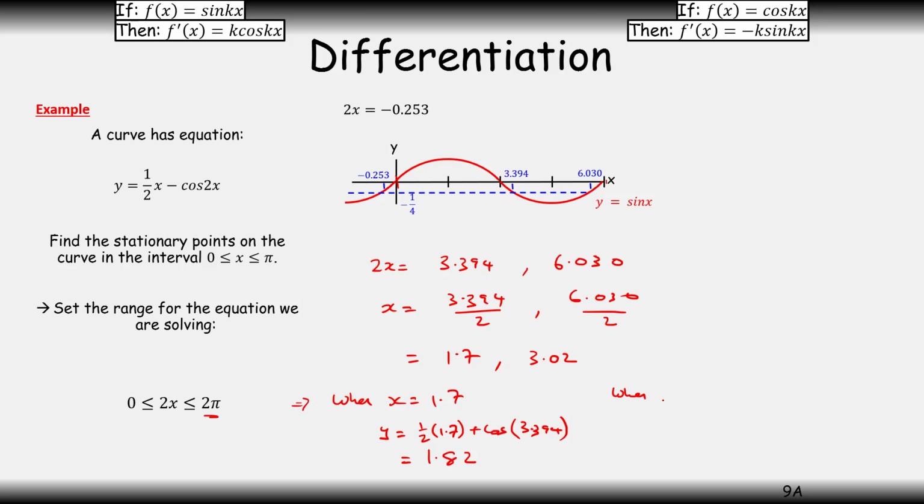And when x is equal to 3.02, y is going to be equal to a half of 3.02 cos of 3.02 times 2, 6.030, which should give us 0.539.